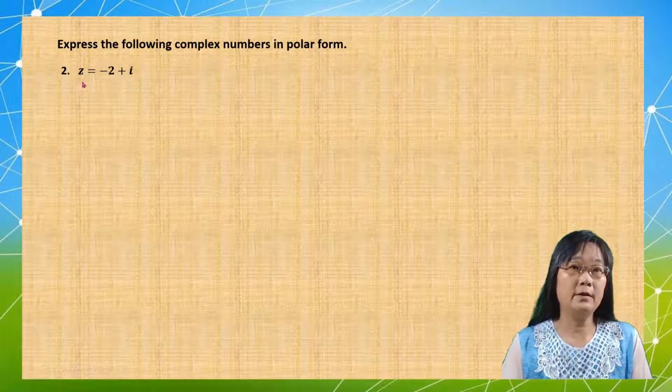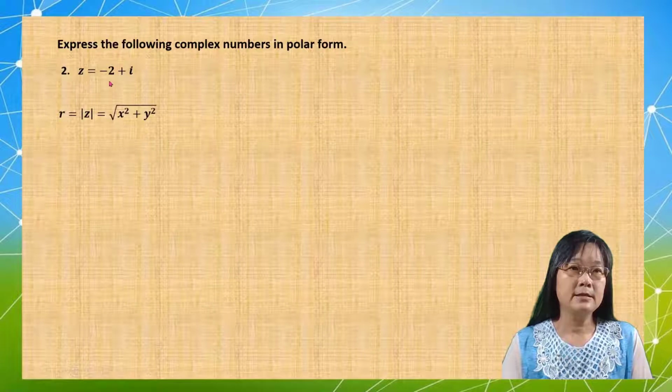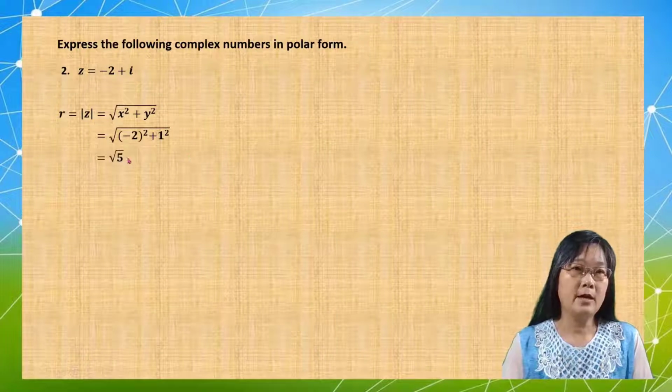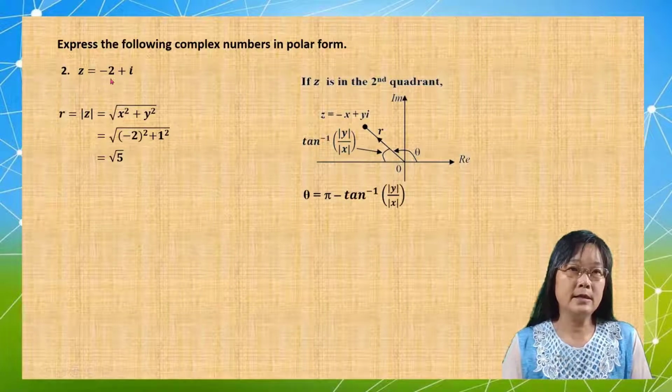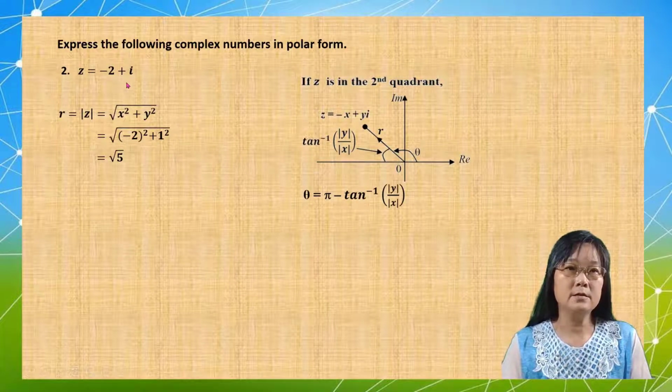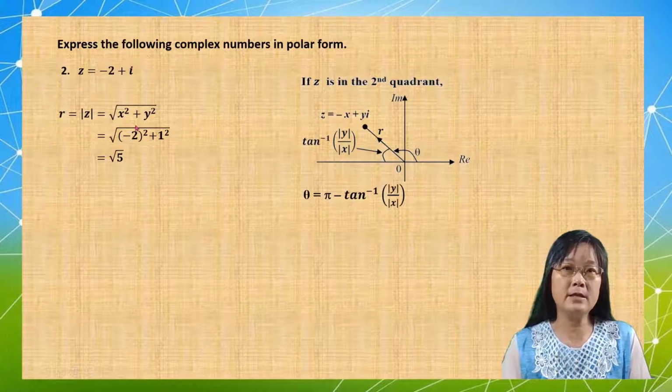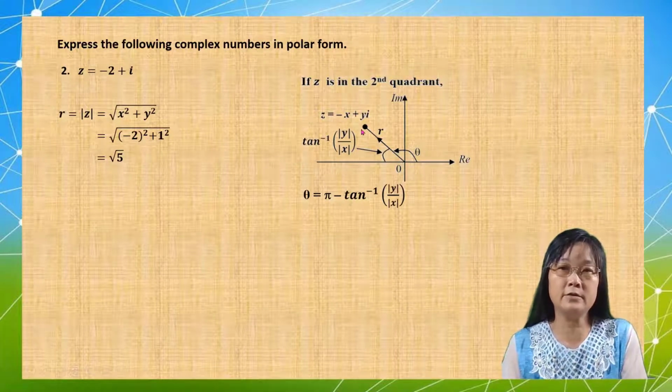Next, for the complex number z equals -2 plus i, to find the modulus, since x is -2, y is 1, when I substitute into the formula, I get the modulus is square root of 5. Now as for the argument, since x is negative, y is 1, it means the complex number is in the second quadrant.